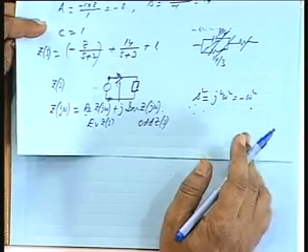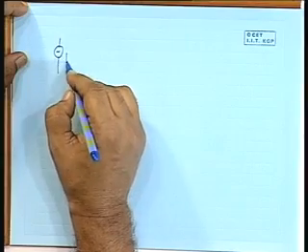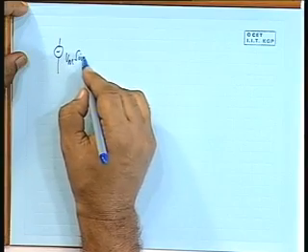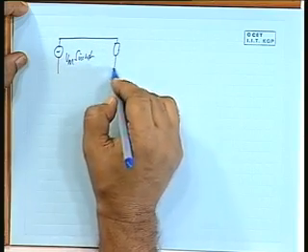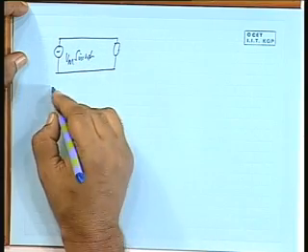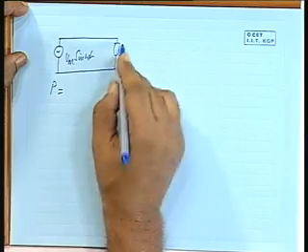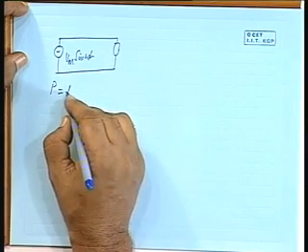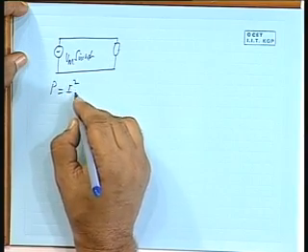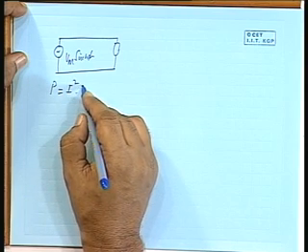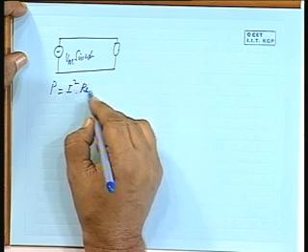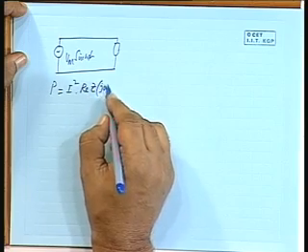Is that okay? Now, I excite ZS by a sinusoidal source, Vm sin omega t, any frequency. Then how much will be the power, active power lost? I squared into real part of Z. Is it not?